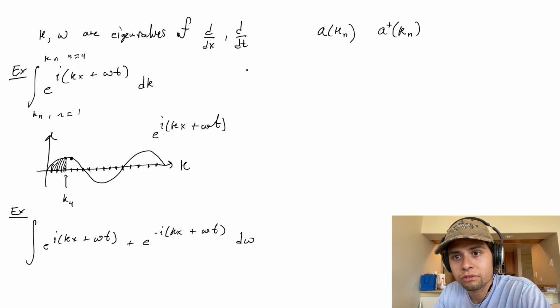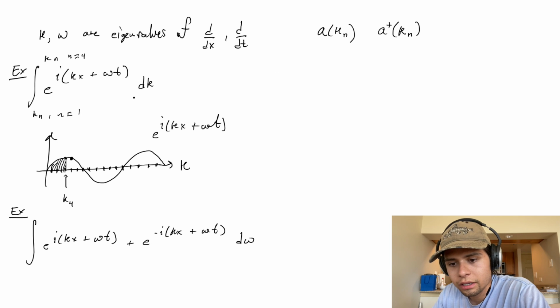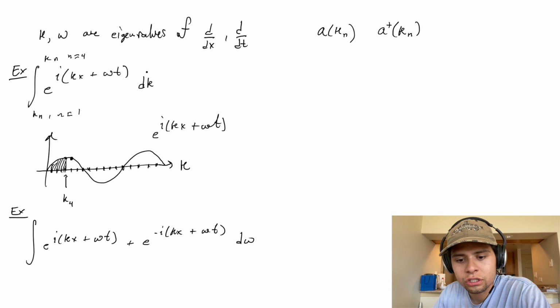And oftentimes what we'll find in quantum field theory and also in quantum mechanics is this idea that the weights on each wave here, so this is a wave, once we put weights on this thing, it's almost a completely different beast.